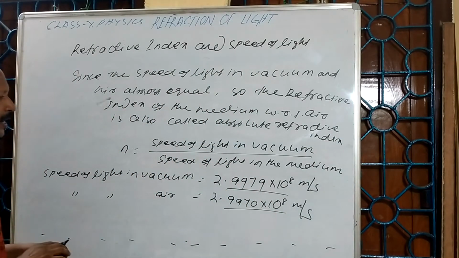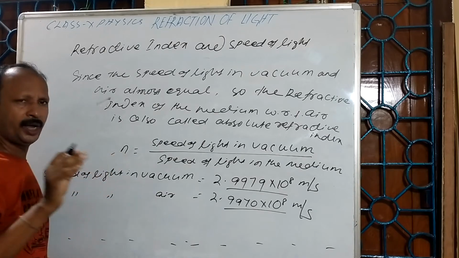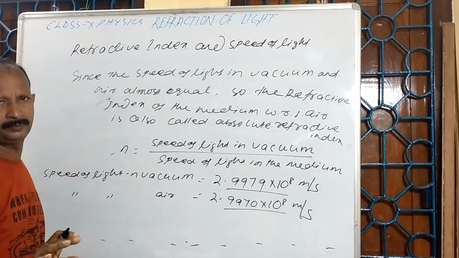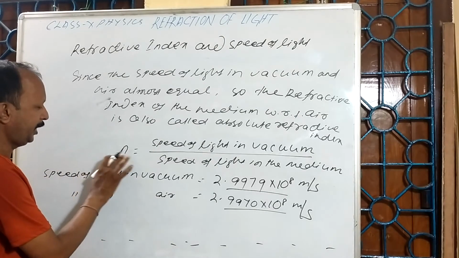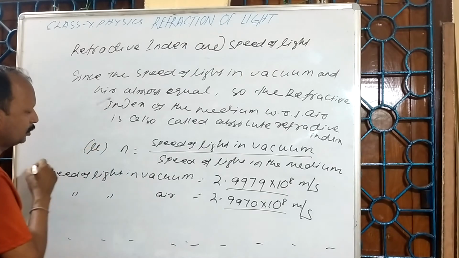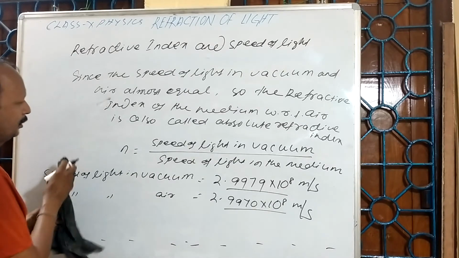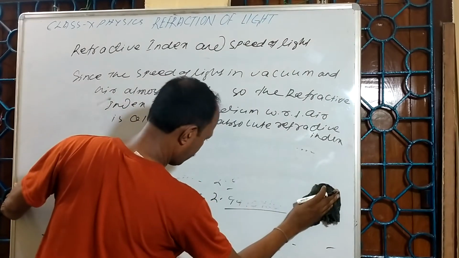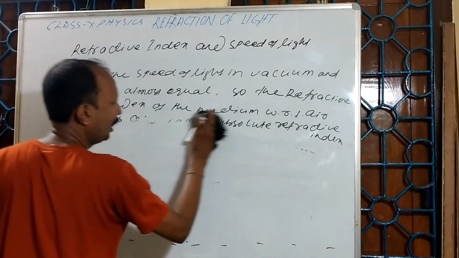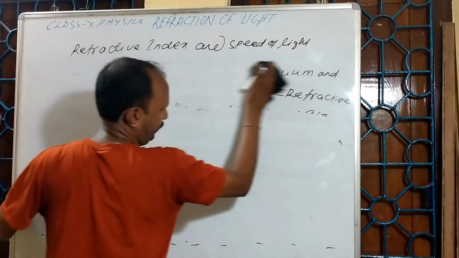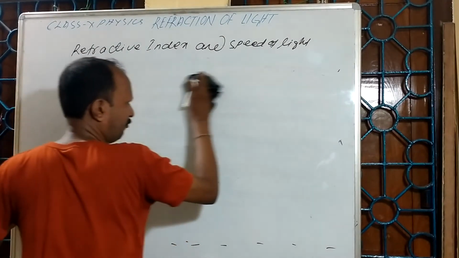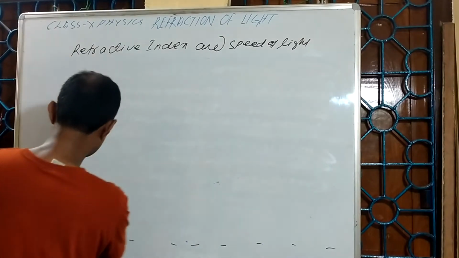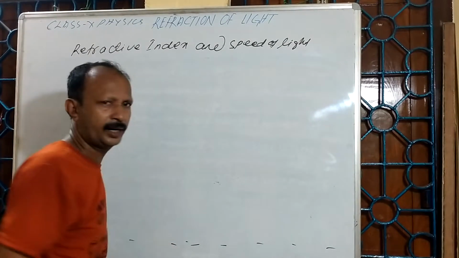Absolute refractive index does not require any subscript. Simply we write n, some books also use mu. So this is about the refractive index and absolute refractive index. The absolute refractive index is just called refractive index.